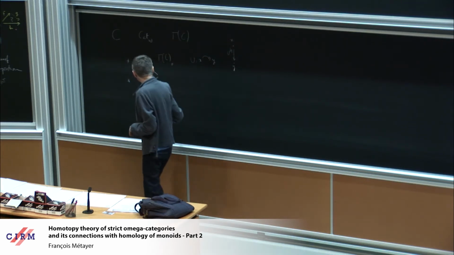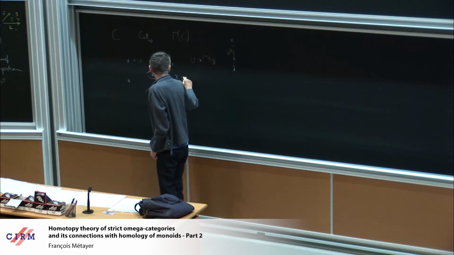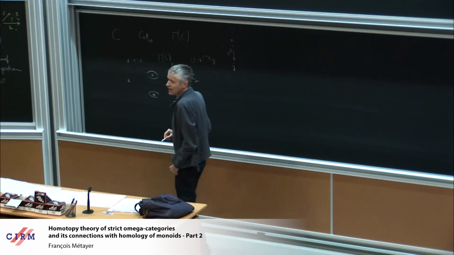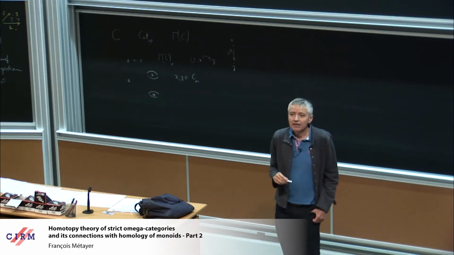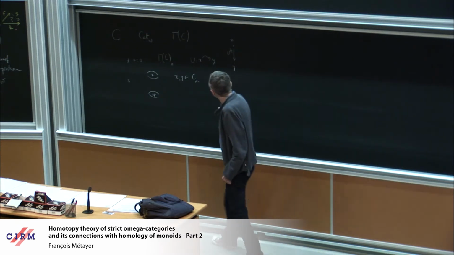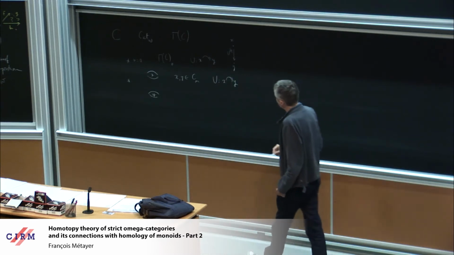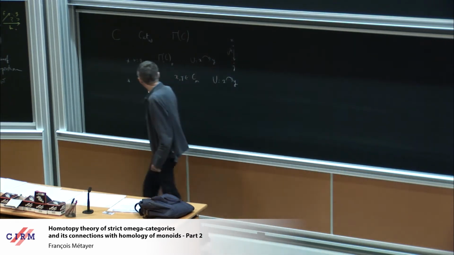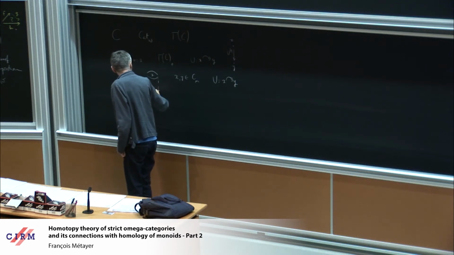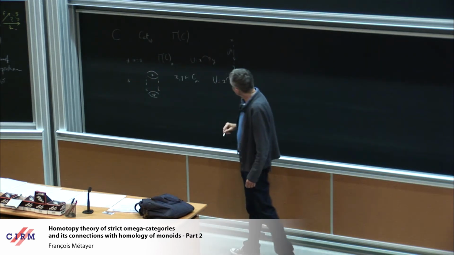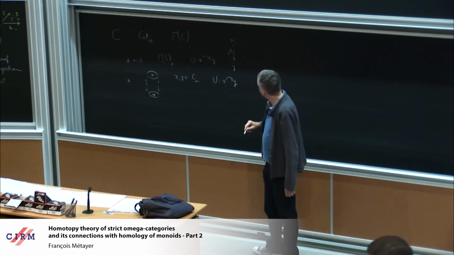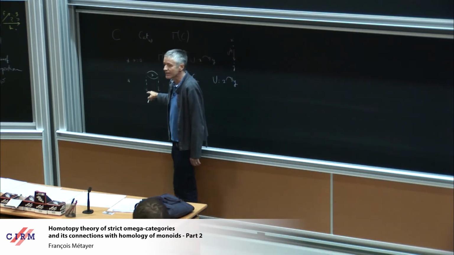Let's take two n cells, x, y, in C n, and I want to define an n-cylinder from x to y, so a certain connection. This will be the data of two reversible 1-cells.